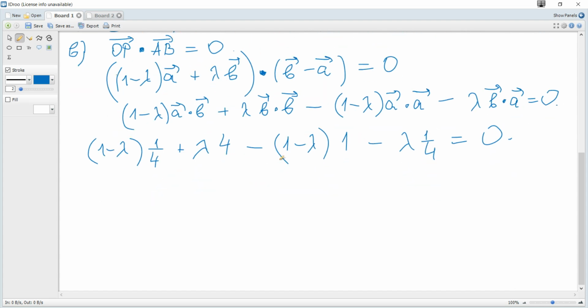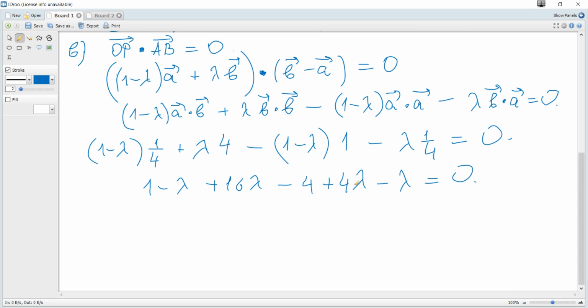And we need just to solve for lambda. I want to multiply by 4 to get rid of fractions, to get 1 minus lambda plus 16 lambda minus 4 plus 4 lambda, and minus lambda is equal to 0.